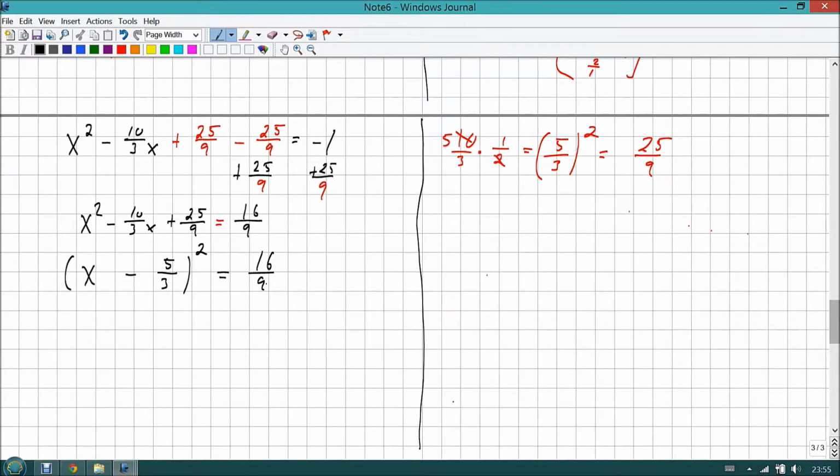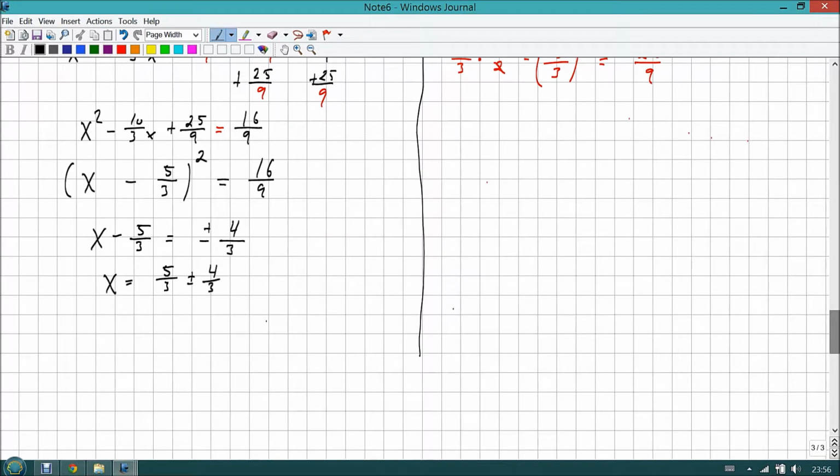Then take the square root of both sides, and I have x minus 5/3 is equal to plus or minus 4 over 3. Adding 5/3 to both sides, I have x is equal to 5 over 3 plus or minus 4 over 3.